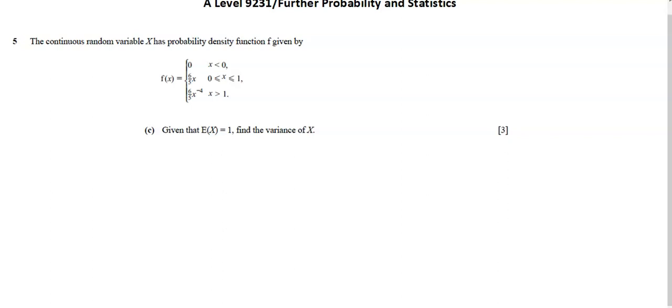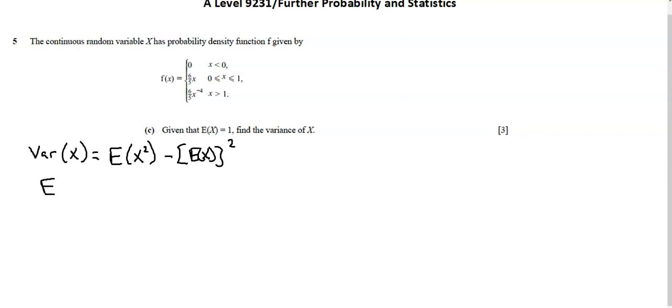C, given that the expectation of x is 1, find the variance of x. The formula we'll be using is variance of x equals the expectation of x squared minus the expectation of x, and taking that expectation and squaring it.